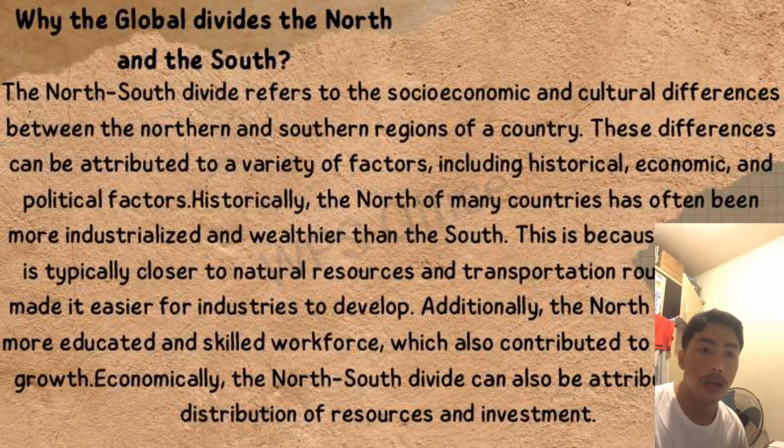When you say resources, there are a lot of resources on earth. Examples are petroleum and cotton, when you're making clothes for your business, and so on, which made it easier for industries to develop.